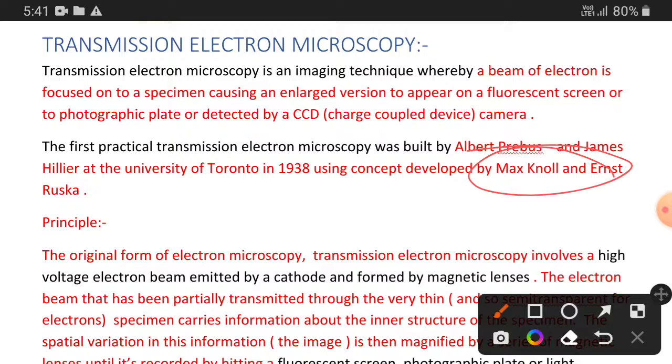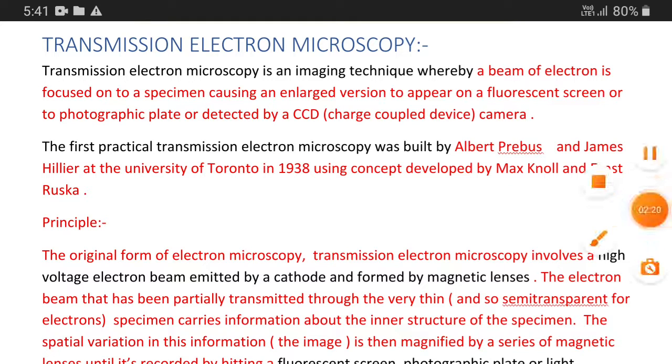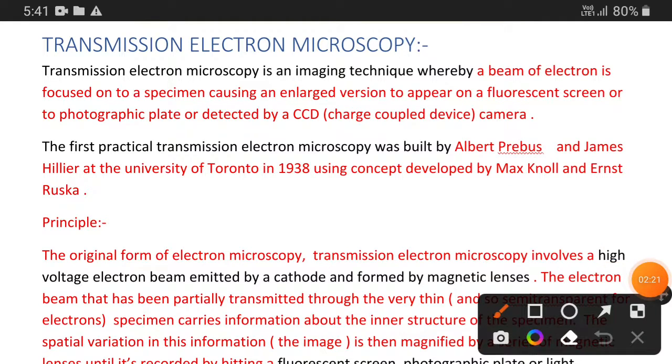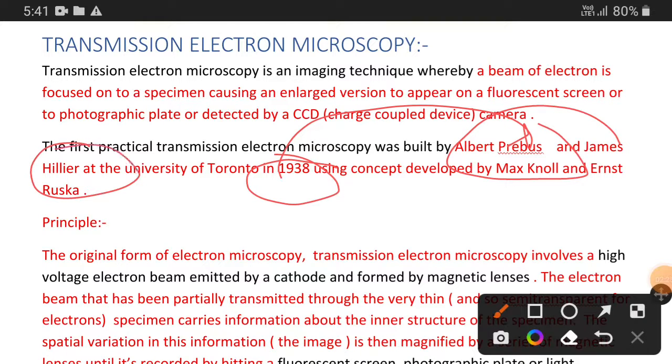This idea was adopted by Albert Prevost and James Hillier, and that is why the name transmission electron microscopy. As its name suggests, the electrons are transmitted through the specimen, and these transmitted electrons create an image of the object, right?